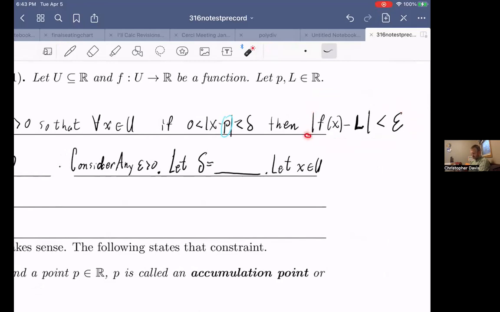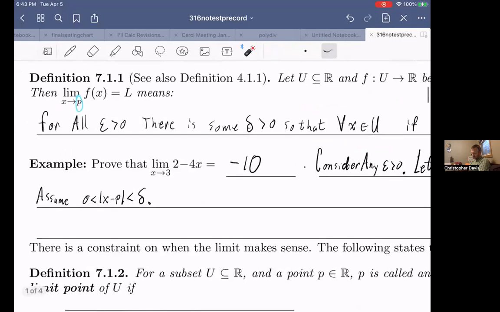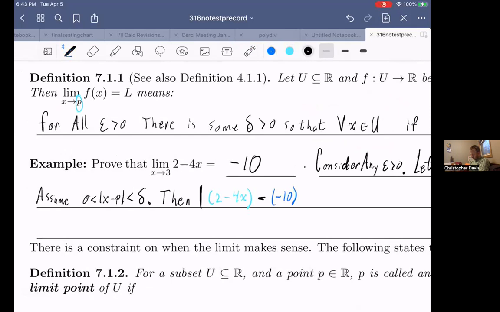So I'll try to write down the absolute value of f of x minus L. I'll just try to do some manipulation to it. Then, well, what is the function in this case? It is 2 minus 4x minus L. And now I guess I just have to do stuff to it.